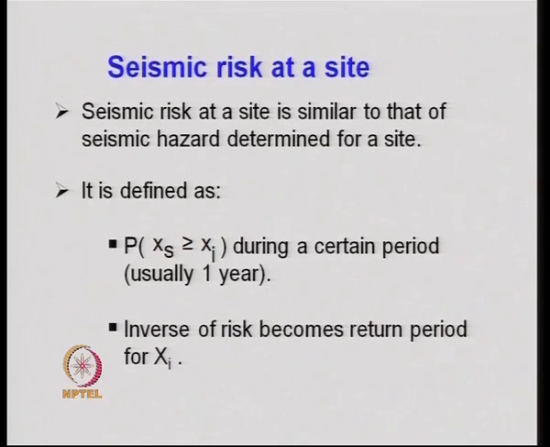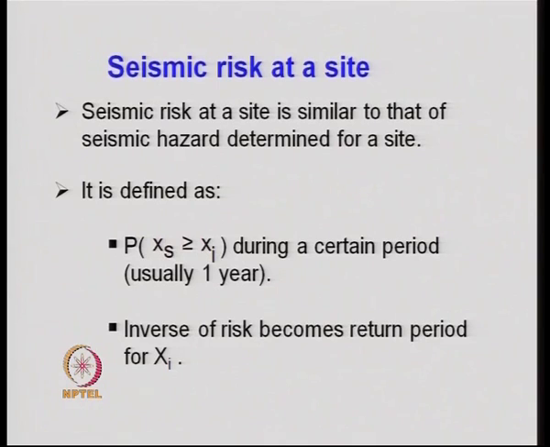Now, let us come to the seismic risk at a site. Seismic risk at a site is similar to that of seismic hazard determination. Now, the seismic risk means again the probability of exceedance of a certain earthquake measurement parameter.